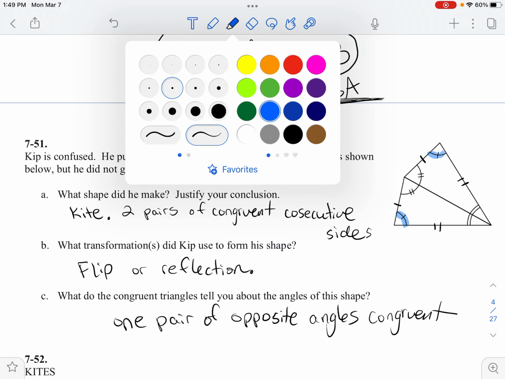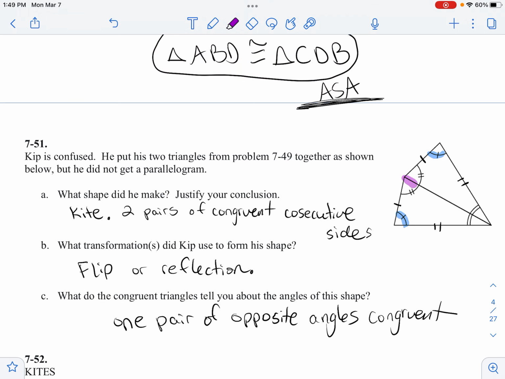And then what I would also like to highlight is the fact that this line of symmetry is cutting those two angles in half, also known as bisecting it. So it's cutting that big angle in half so that both of the two smaller angles are equal. And then it does the same thing down here.